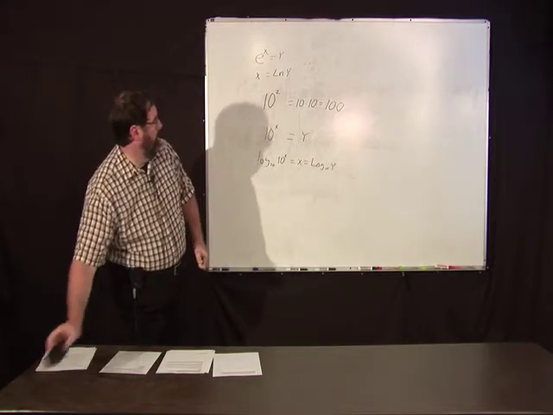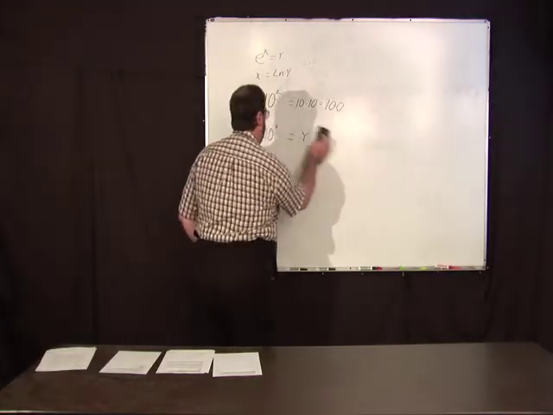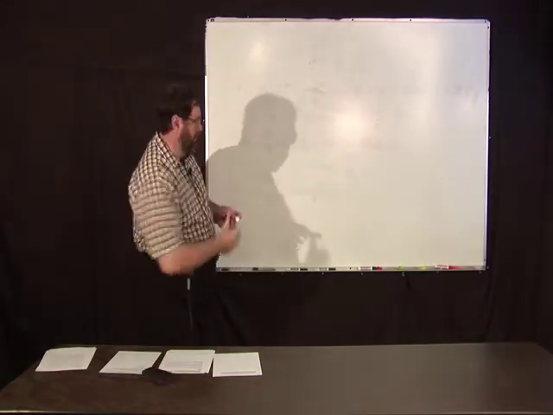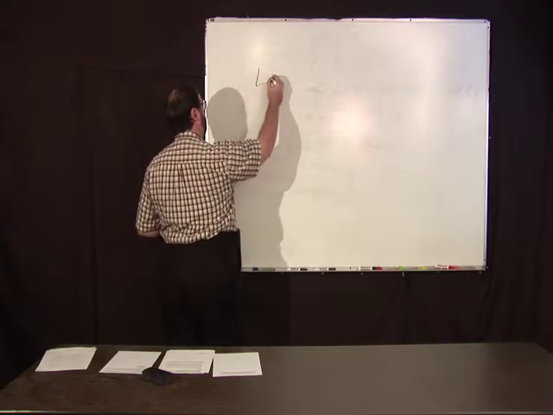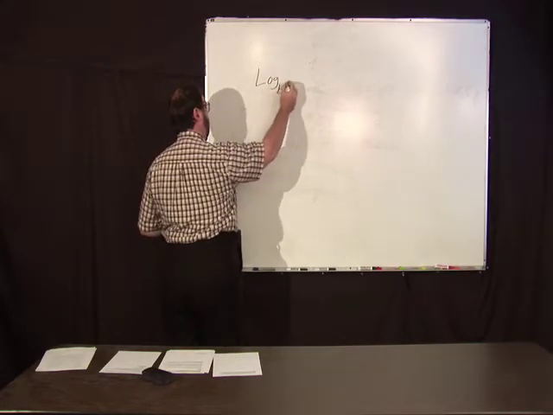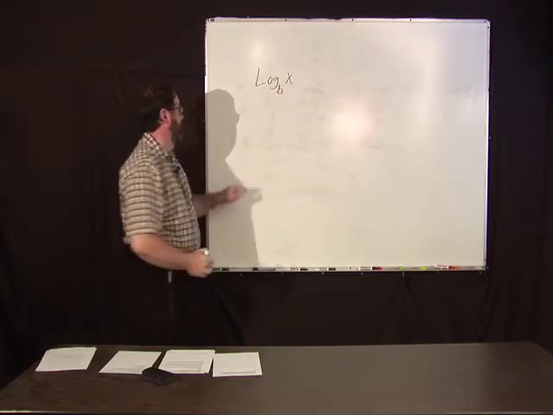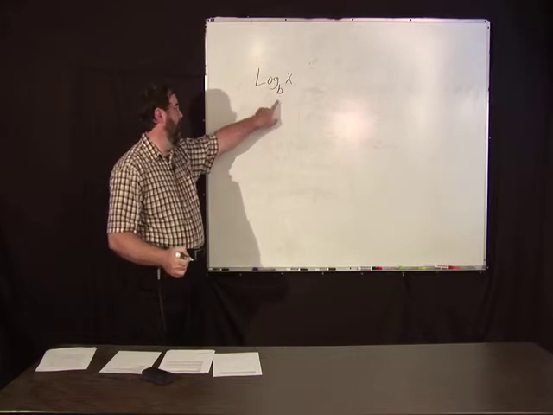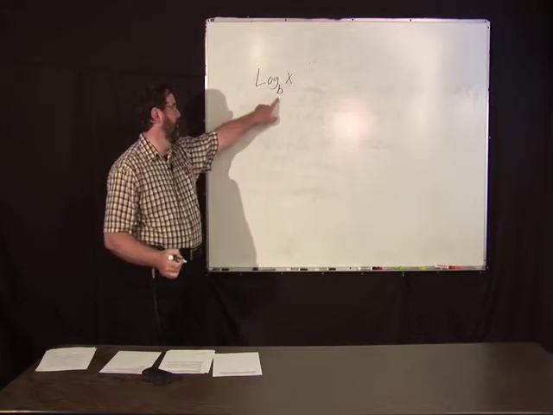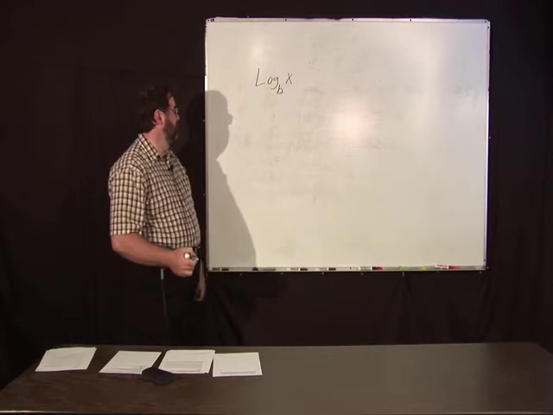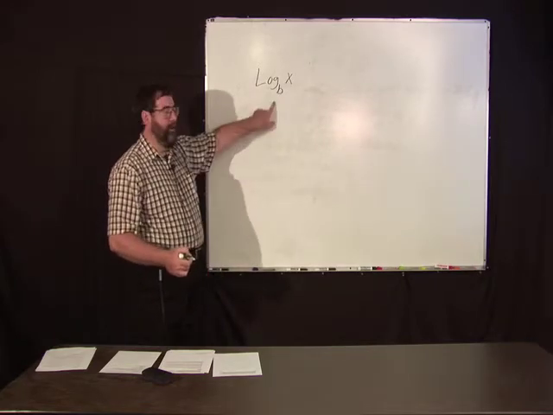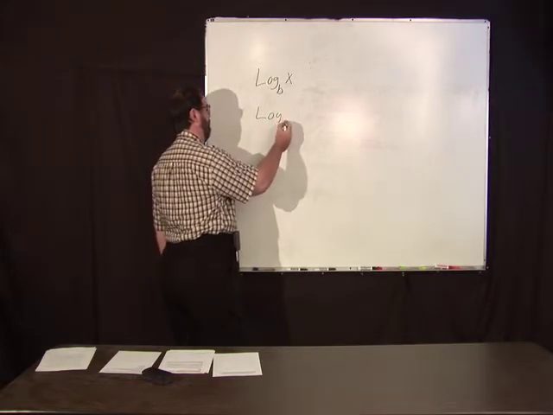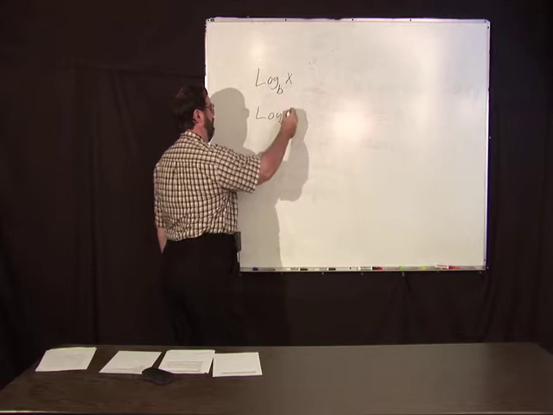Let's talk a little bit about some properties of logarithms. First of all, it's written log and then some number here called the base of x. It could be 10, it could be e, it could be 2. In computer science, a lot of times you'll see log base 2. Well, if you have a log base b and you want to know what that is in log base c, you want the log of x in log base c.